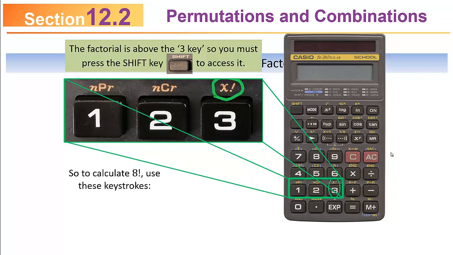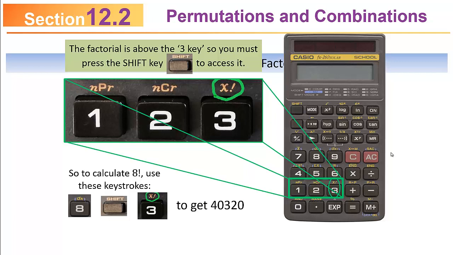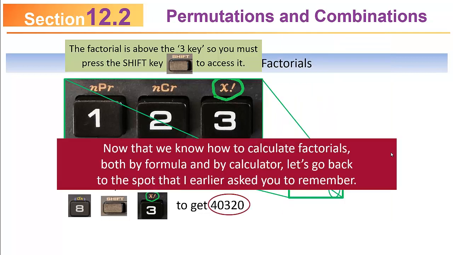If I ask you to calculate 8 factorial, you would press 8, then you would do Shift 3. Shift 3 takes you to the factorial. And you don't even have to press equal to, and you'll get 40,320.